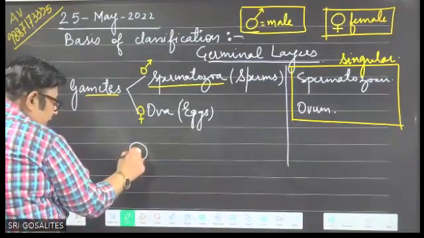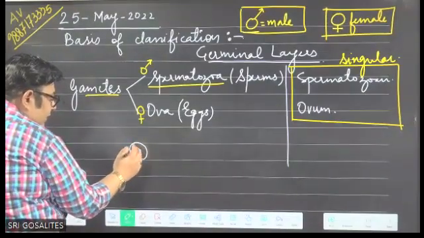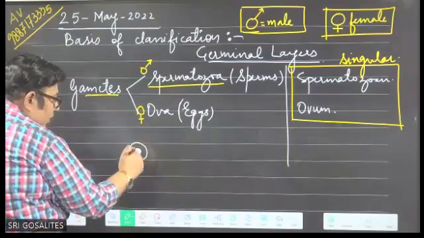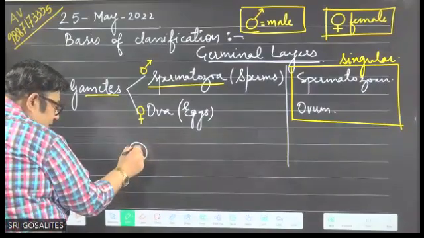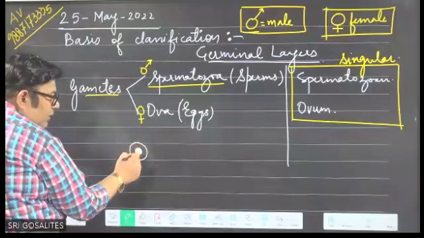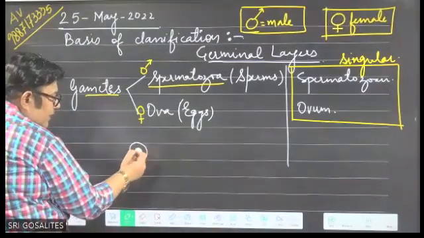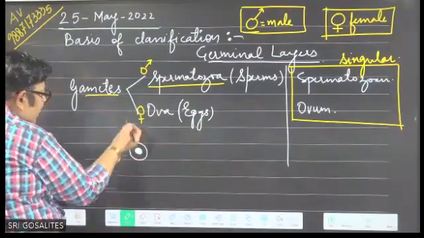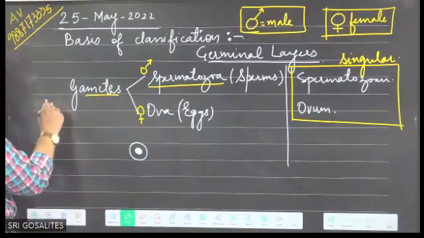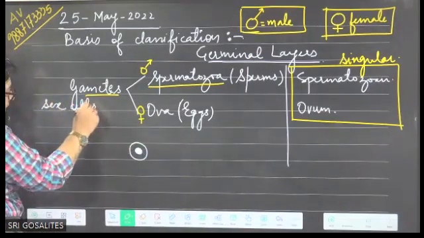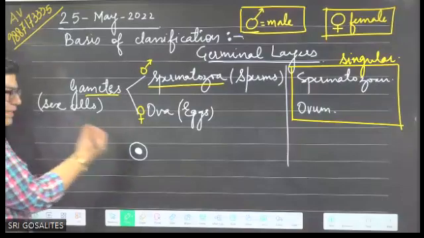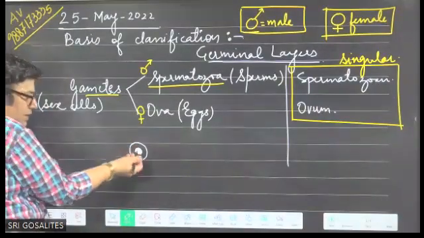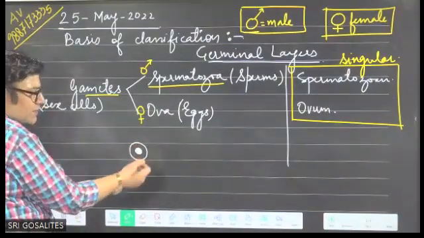An ovum has half the number of chromosomes. Here in the center, which I'm showing, this is called the nucleus of a cell. It is a cell. Gametes are actually the sex cells. They are the cells required for reproduction. They are nothing other than cells, but they are specialized cells.